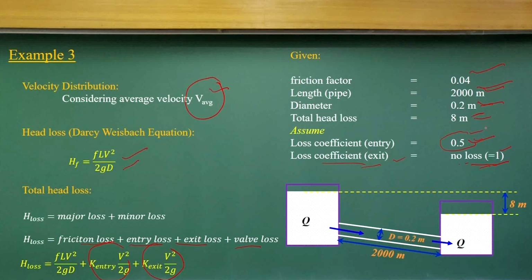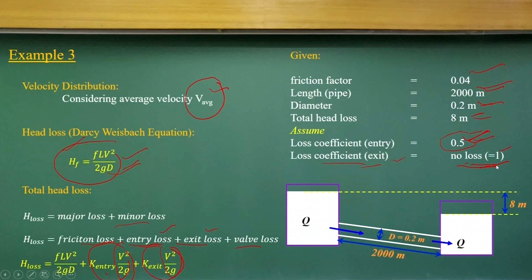Now, we will apply the Darcy-Weisbach equation to compute the energy losses: the major losses of the pipe flow because of friction, and the minor losses, which here are the entry and the exit losses. Those are the coefficients we use in terms of velocity head, and here we have considered 0.5 and 1.